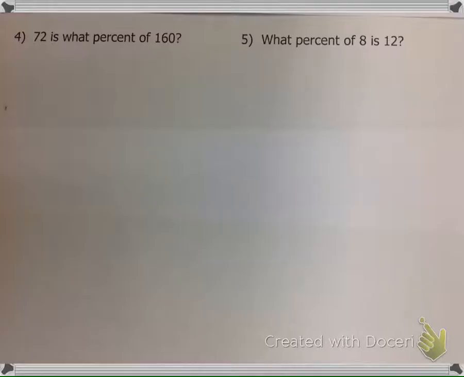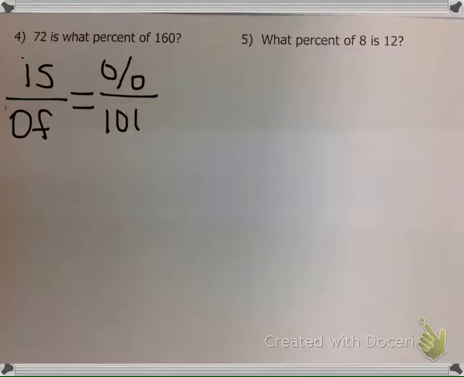Okay, next example. We have 72 is what percent of 160? So we're going to follow is over of equals percent over 100, your part over your whole. And I said the first thing you should look for is your percent. That's your dead giveaway. What percent?